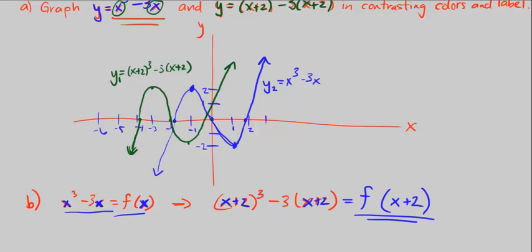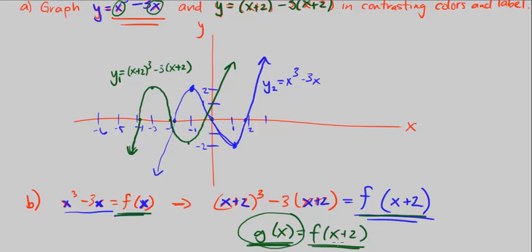And if we want to call that g of x, then I would just say g of x is equal to f of x plus 2, okay? So I'm just using another name, g of x, and I'm defining it to be the function f with the input x plus 2, all right?